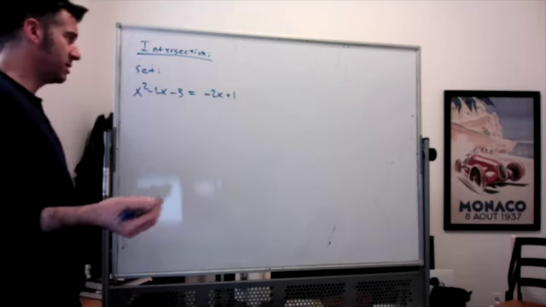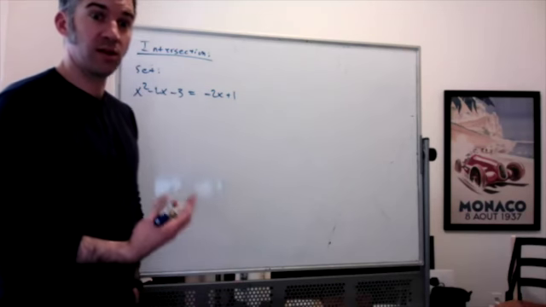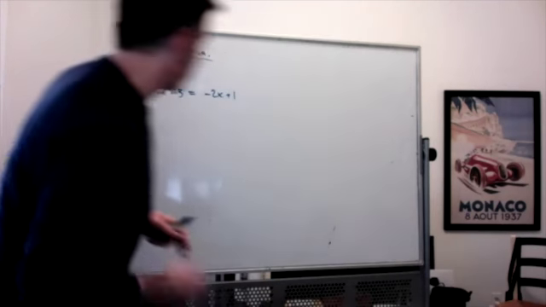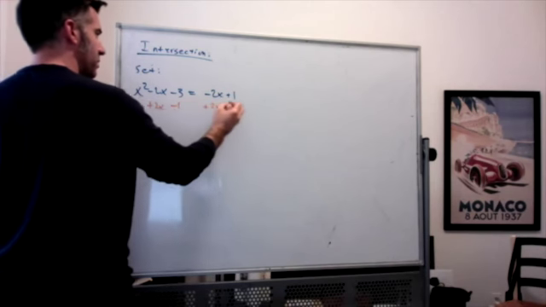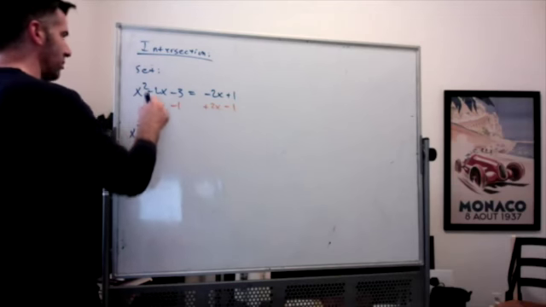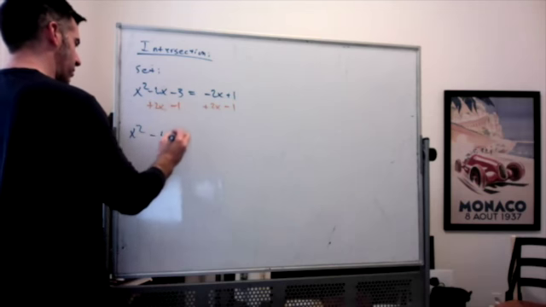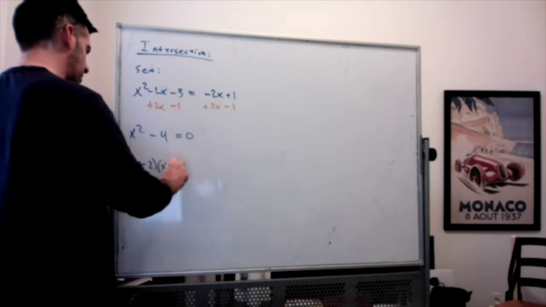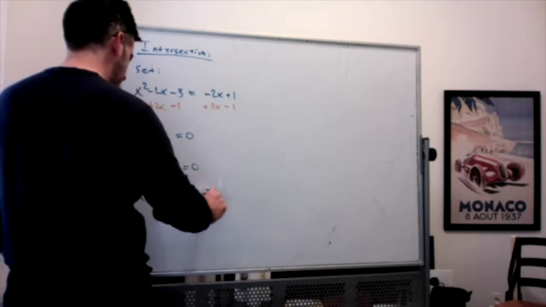And then we're going to bring everything to one side, the side where x squared will have a positive coefficient. So I'm going to bring everything to the left. I'm going to add 2x to both sides, and I'm going to subtract 1 from both sides. So I end up getting x squared minus 2x plus 2x is 0x. Minus 3 minus 1 is minus 4. Factor: x minus 2 times x plus 2 equals 0. So x equals positive 2 or x equals negative 2.